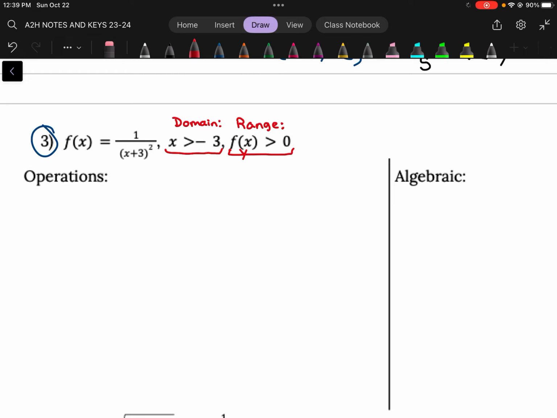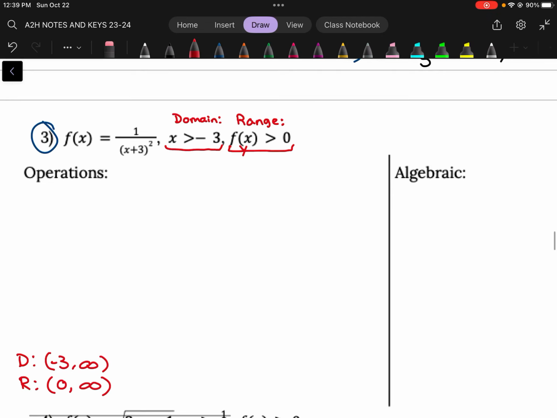That's actually the range. So we know that the domain and the range of f of x are negative 3 to infinity and 0 to infinity.